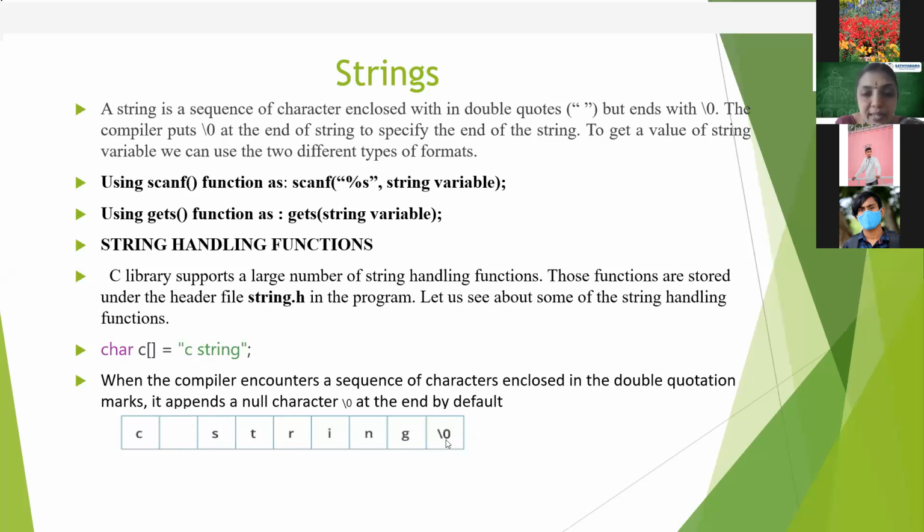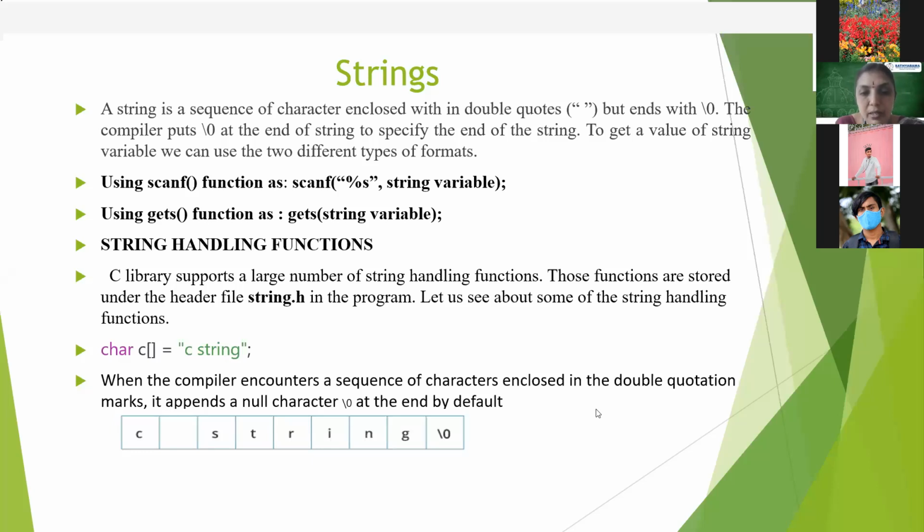It implies that there are no other characters after G, right? No other characters after G. That is, a null character is added at the end by default. We need not write it. It automatically appends that \0 at the end. Okay. Are you all able to follow this? What is the string?